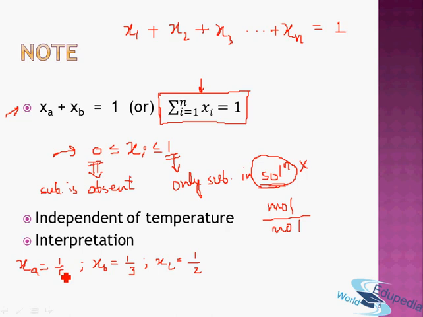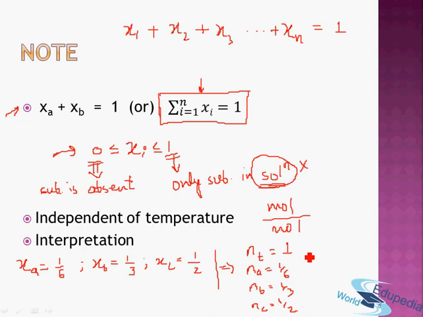Basically, mole fraction represents moles of each quantity in 1 mole of solution. So while interpreting, I will assume that the total moles of my solution, let's say NT, is equal to 1. Once I assume that, I can directly say that moles of A, Na, is 1 by 6, Nb is 1 by 3 and Nc is 1 by 2.